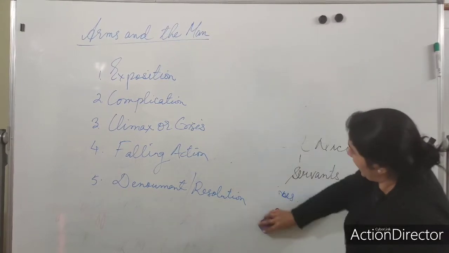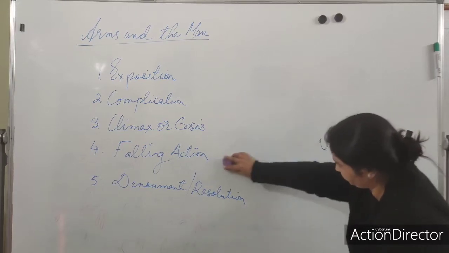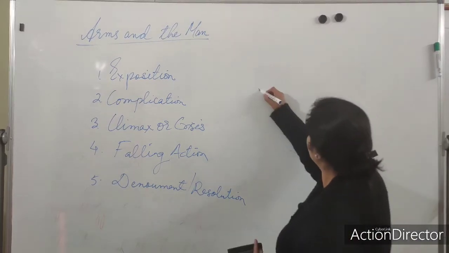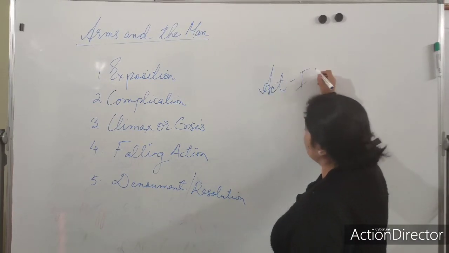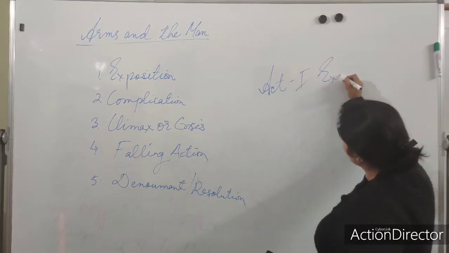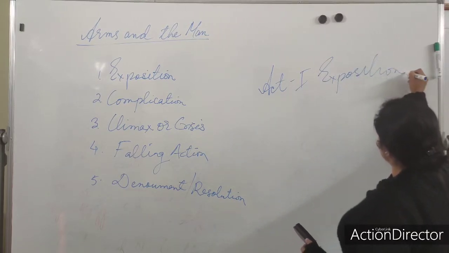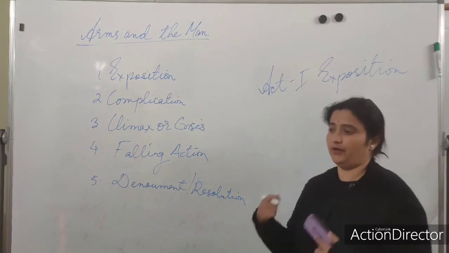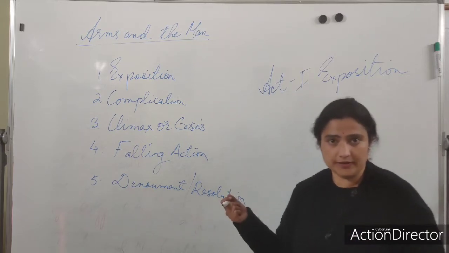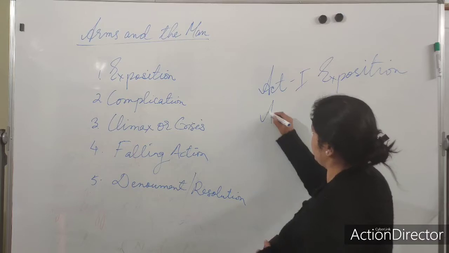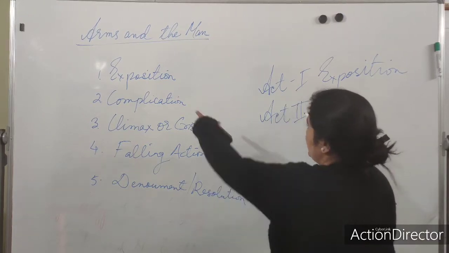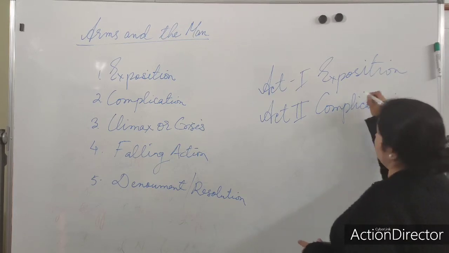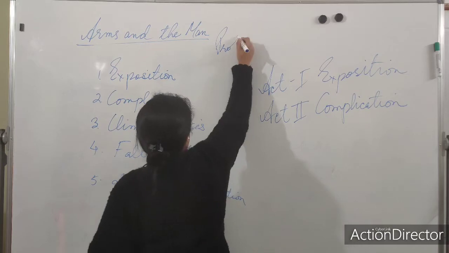Now, as far as Arms and the Man is concerned, Act 1 is the exposition. Exposition is nothing but the introduction of the main characters, of the main events that are going to take place in the play. That is what exposition is. Act 2 is your complication, because we said that Arms and the Man is a problem play, right?